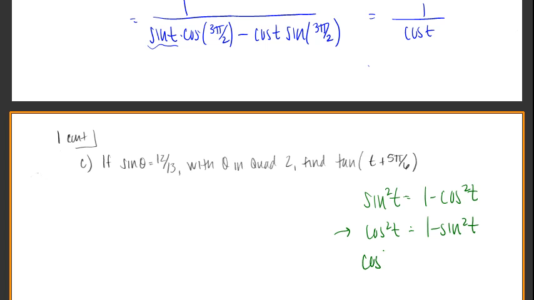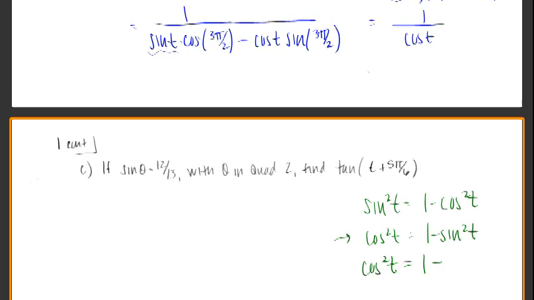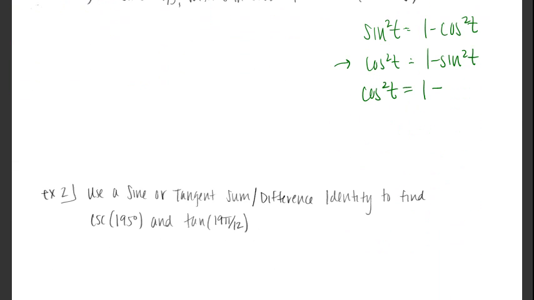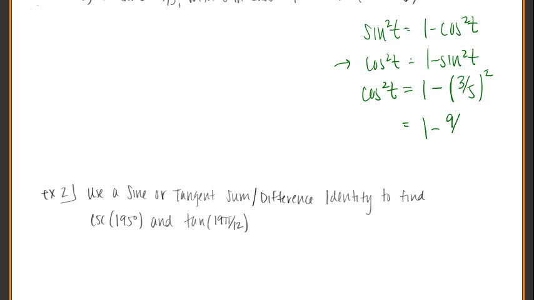So cosine squared t is 1 minus my sine value, which we decided right here. Sine value is 3/5. So 1 minus 3/5 squared. So 1 minus 9 over 25, and 25 minus 9 is 16 over 25.